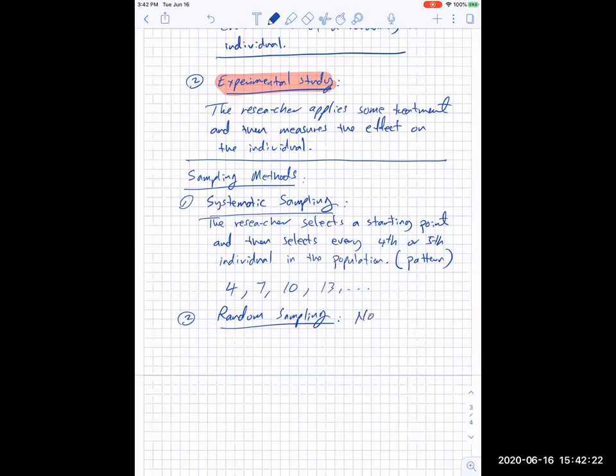No pattern in selecting participants or individuals. Stick to the word individual. And every individual has an equal chance of being selected.